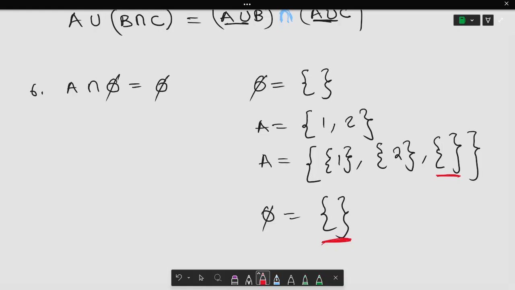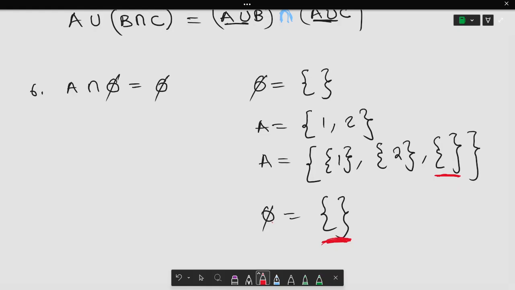Hence, the only intersection they have is the empty set.